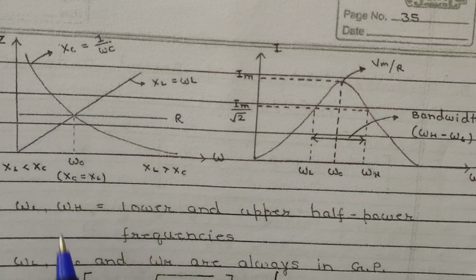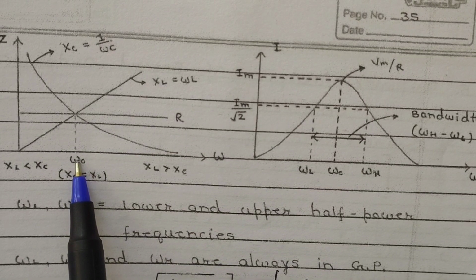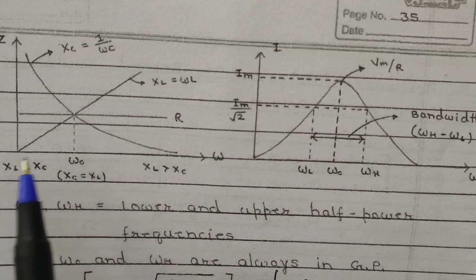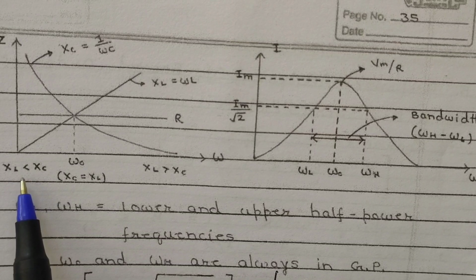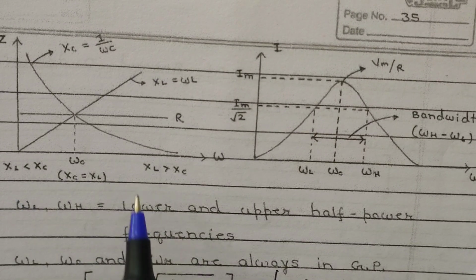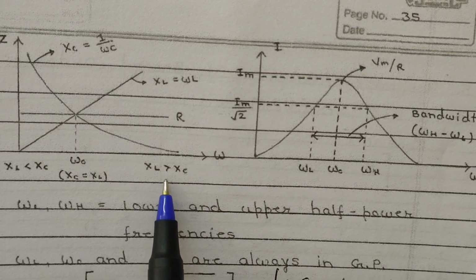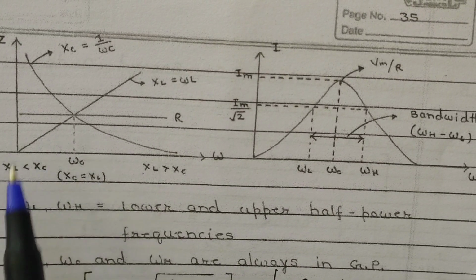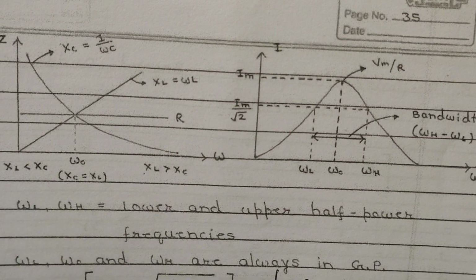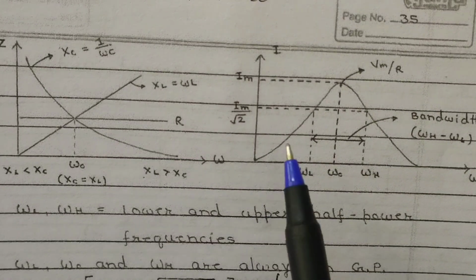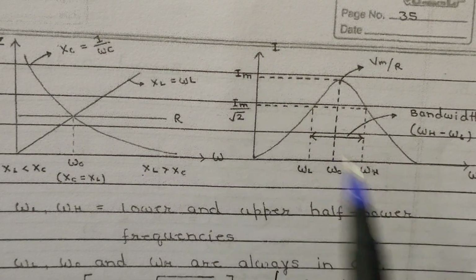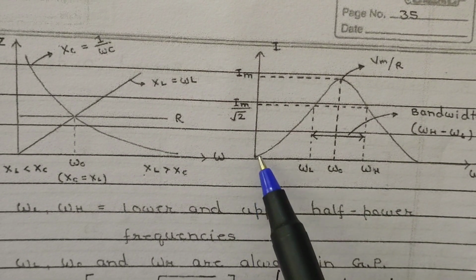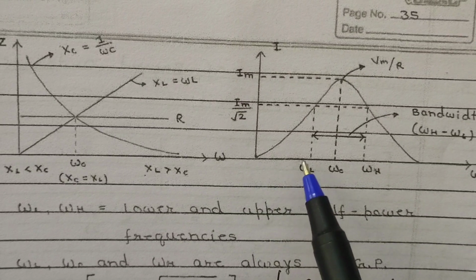In the series RLC circuit, below the resonant frequency XL is less than XC, and above the resonant frequency XL is greater than XC. Above resonance the current will be lagging, and before that it will be leading. This is the graph of current versus frequency. At zero frequency the current is 0.